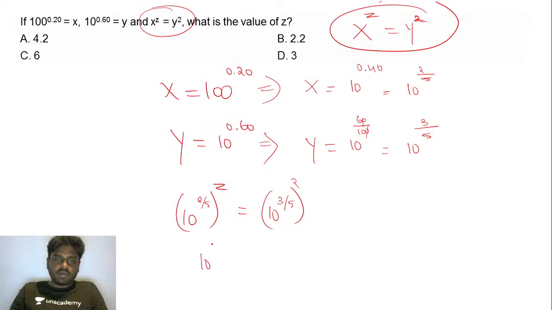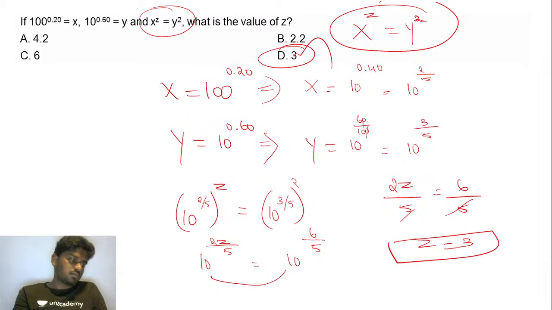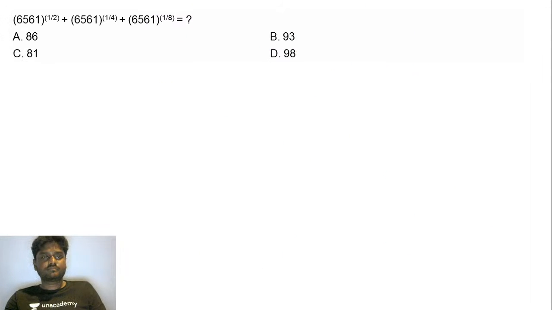So you'll be getting 10 power 2z/5 is equal to 10 power 3 into 2, 6/5. If the bases are same, simply equate the powers. So 2z/5 is equal to 6/5 means z is equal to 3. So the answer is going to be option D, 3 is actually the right answer for the value of z. Is that clear, guys? I hope you guys are clear with this.